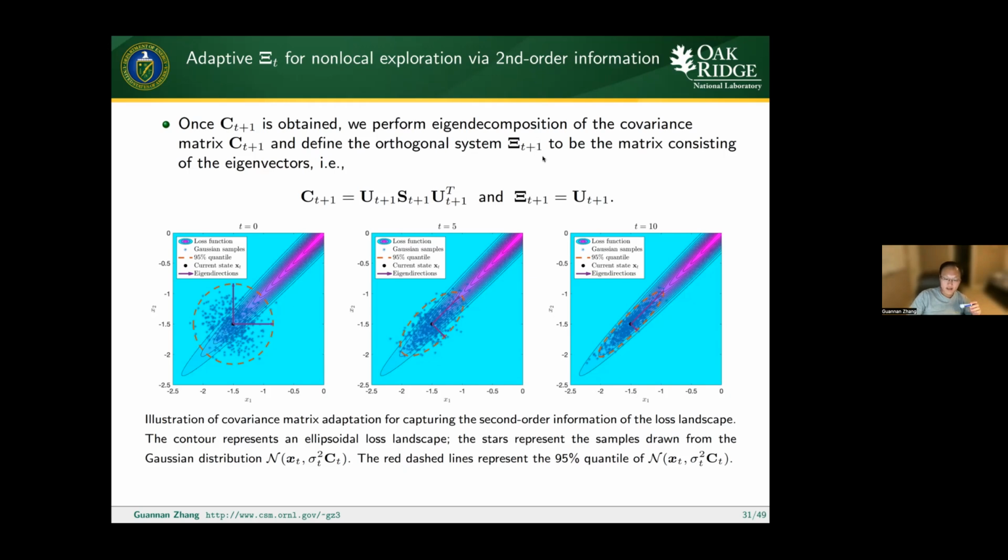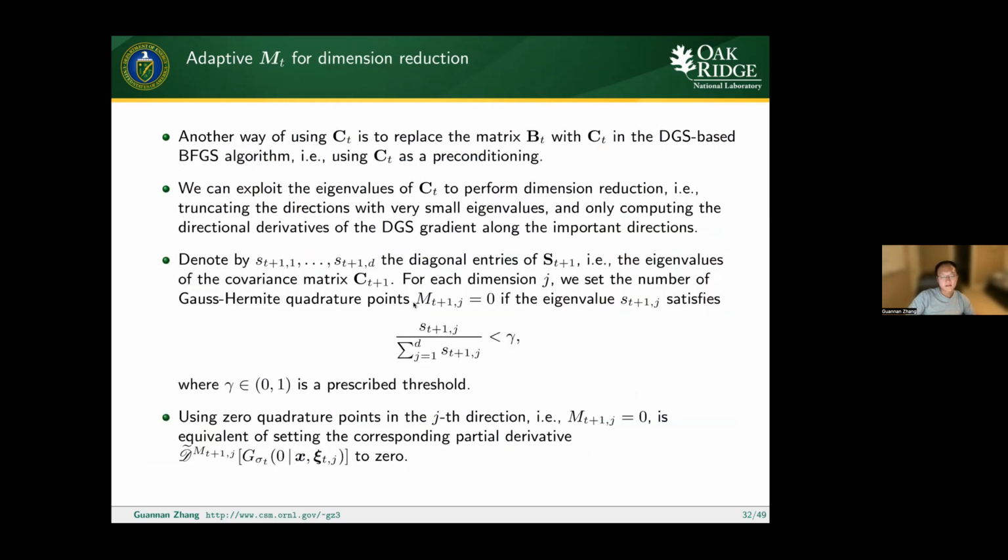It is very useful for highly ill-conditioned problems. It seems like a waste to use more samples to update the covariance matrix, but compared to the cost of solving ill-conditioned problems, this cost is negligible, I would say. We can also use this strategy to help us cut down the dimensions.